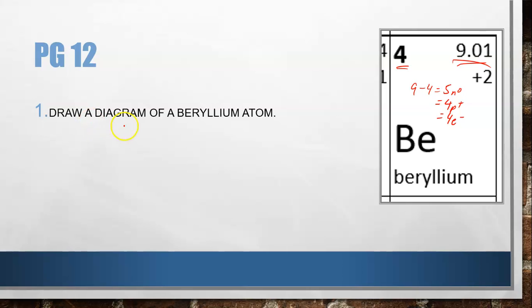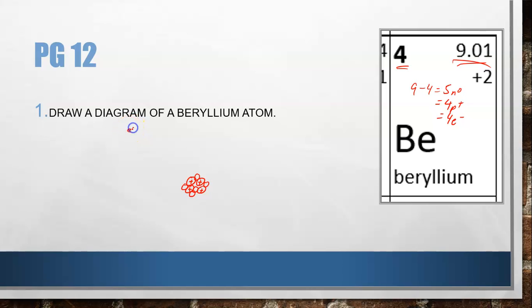Now we're just going to do a Rutherford diagram of this, but in the nucleus we're going to have 4 protons, put in 5 neutrons, in and around, and that is my nucleus with the 4 protons and 5 neutrons.